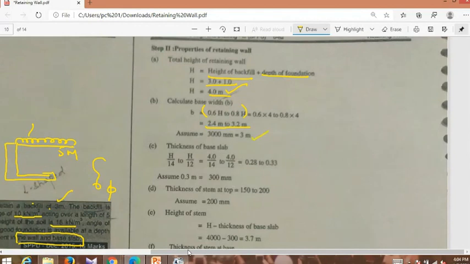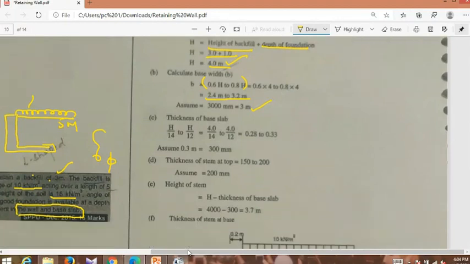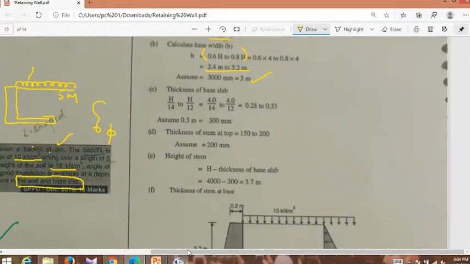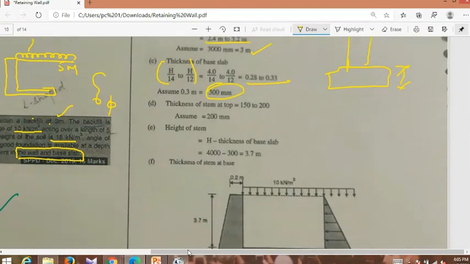It should not be lesser or greater than this range. Then the thickness of the base slab lies from h/14 to h/12. Take an in-between value, so here it is 300 mm. The thickness of the top of the stem will be from 150 mm to 200 mm, therefore take 200 mm.